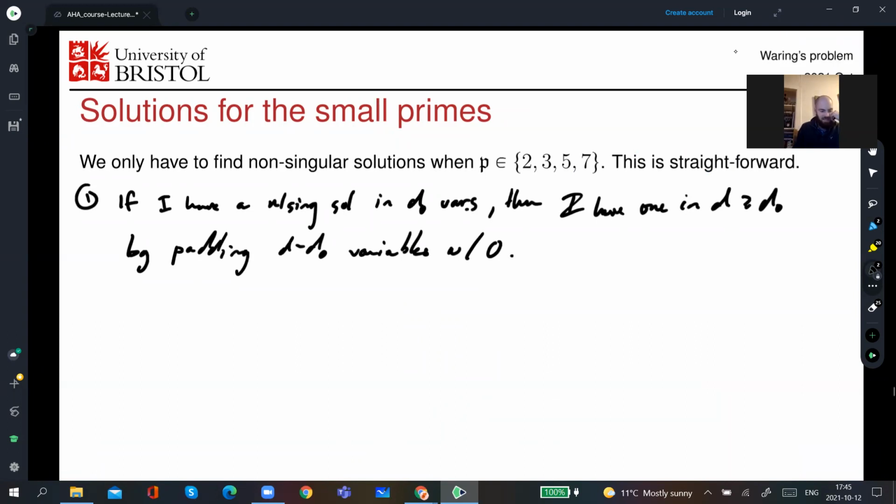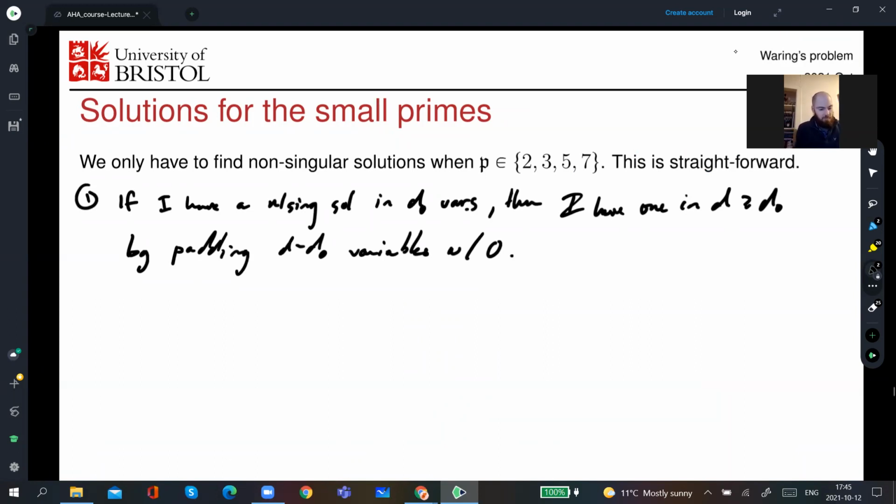Okay, so that means I only need to do this for d equals 5, and I'm good. I will actually do this for d equals 4, which is more than I need to do, but it has a fewer number of variables and it's easier to check mentally, right?